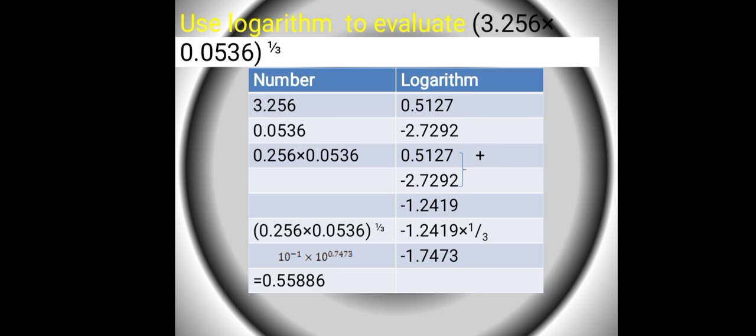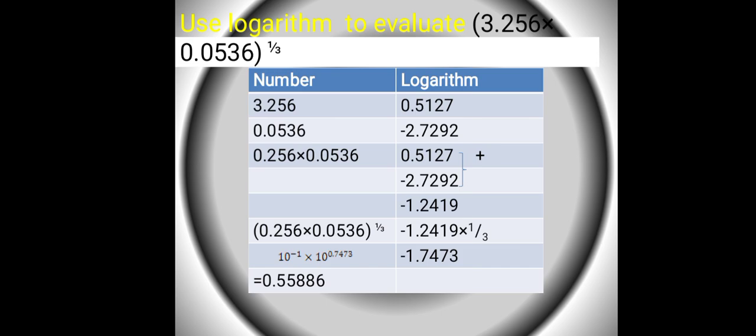Use logarithms to evaluate 3.256 multiplied by 0.0536. Then get the cube root of the result. Now get the logarithm of 3.256. It is 0.5127. The logarithm of 0.0536 is 2.7292.